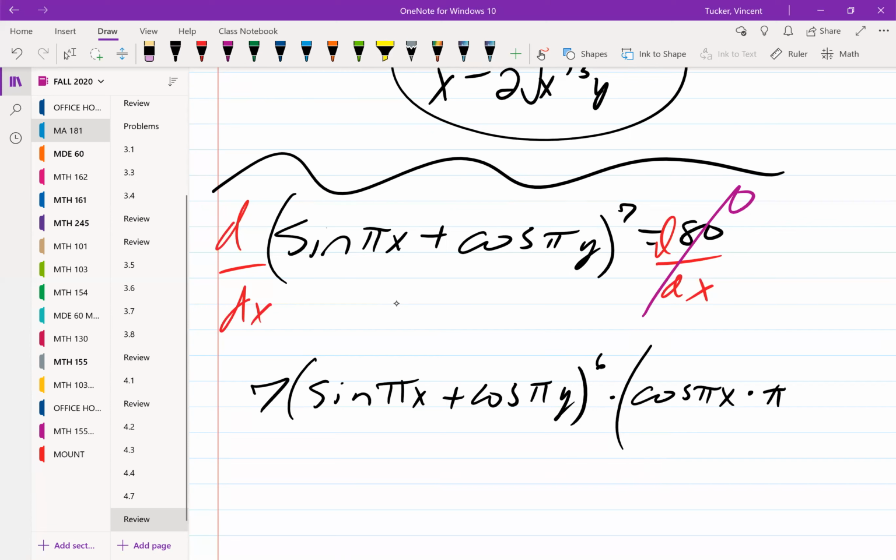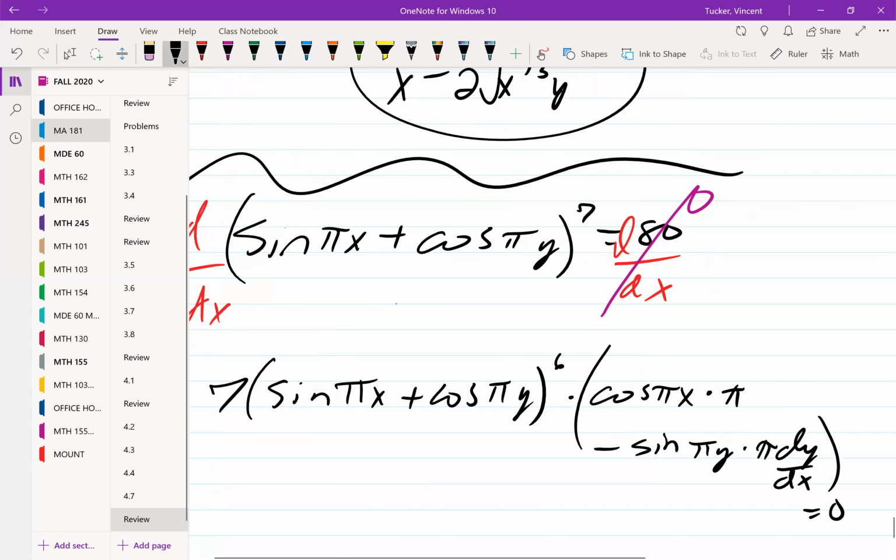It wouldn't be plus, it would be minus, it would be negative sine pi y. Then derivative of pi y is going to be pi dy dx. And all that's equal to 0. Run out of space. I'll put that down here.